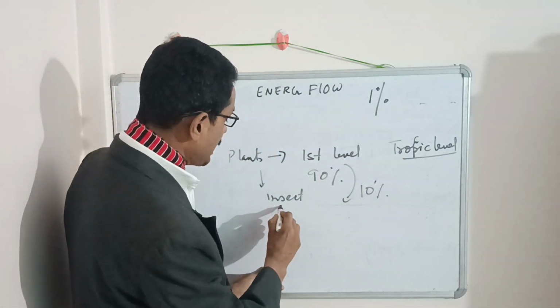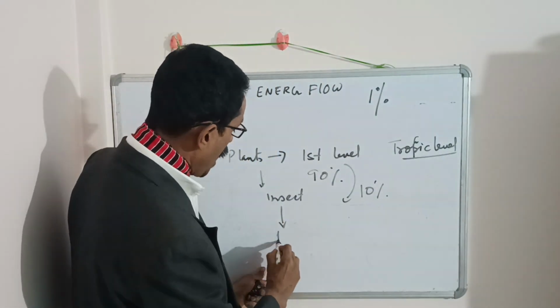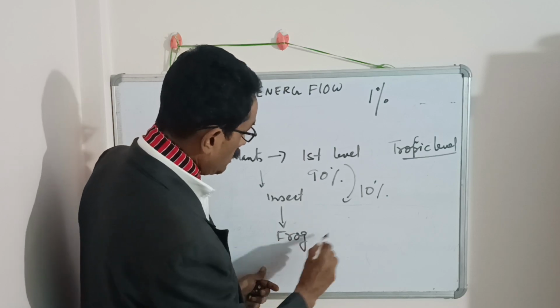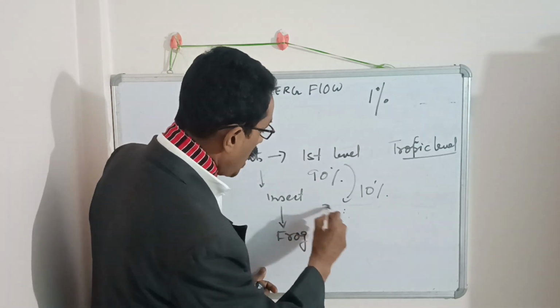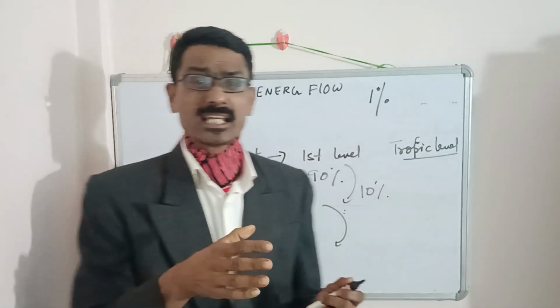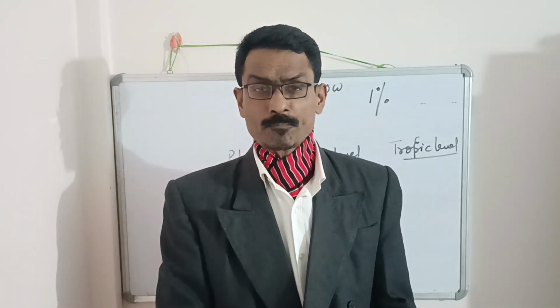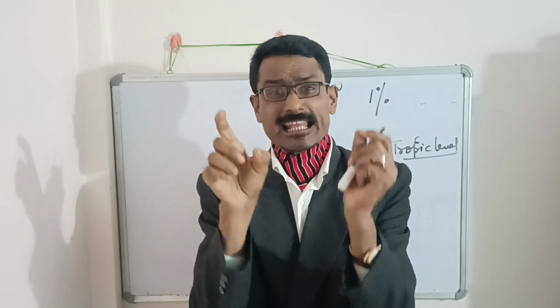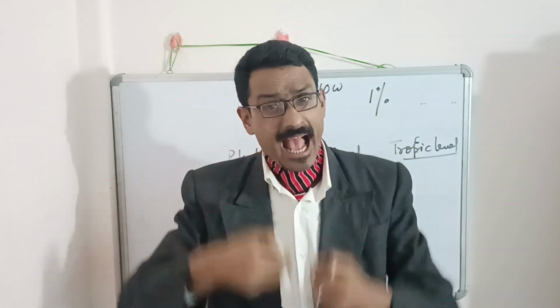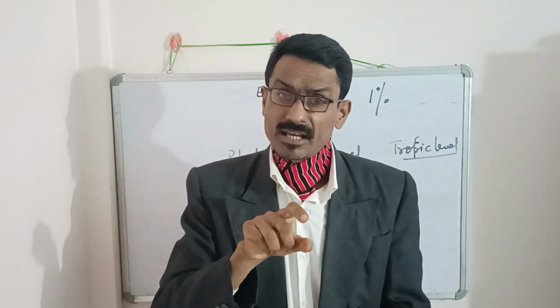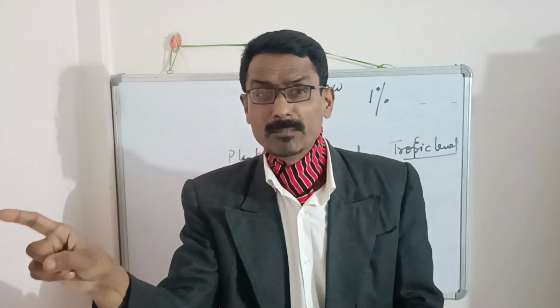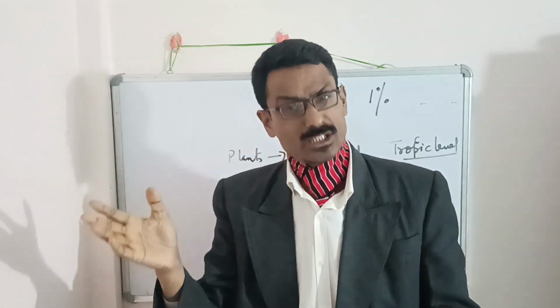Now, when the insect is eaten by a frog, the frog will also be getting energy. From whom? The frog is going to get energy from the insect. And whatever energy the insect has, only 10% will be transmitted to the next trophic level.